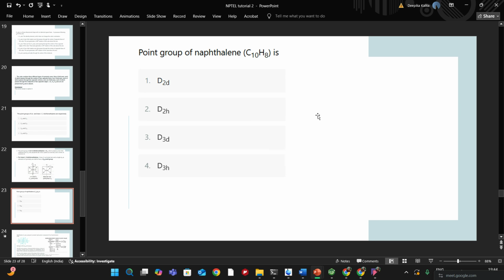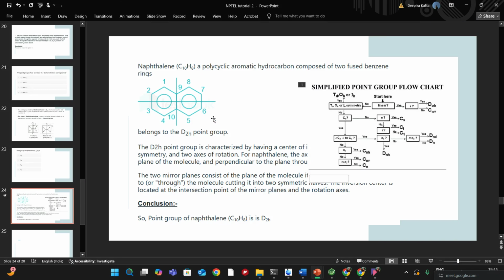Now let us come to the next question. The point group of naphthalene is D2D, D2H, D3D and D3H. So if we draw the naphthalene molecule in such a way, it will have a C2 axis of symmetry, which suppose is going through the two junction atoms.